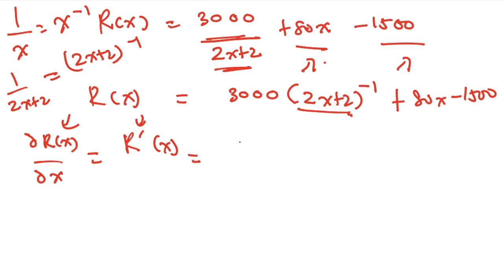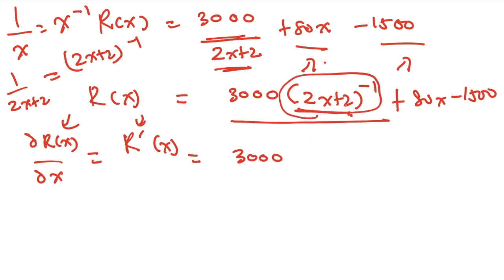Now, if I want to differentiate the first part of this function after the equal sign, then I have 3000 constant. Then I differentiate this bit. You see minus 1 here? You can use chain rule. So you have minus 1, bring it here. We write again this expression, (2x plus 2), close the bracket.